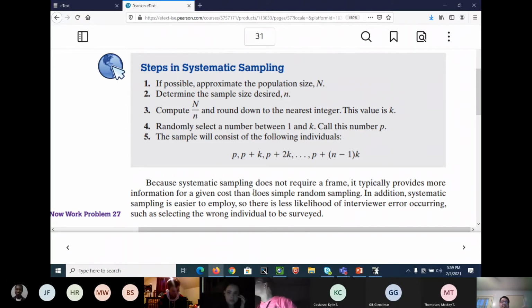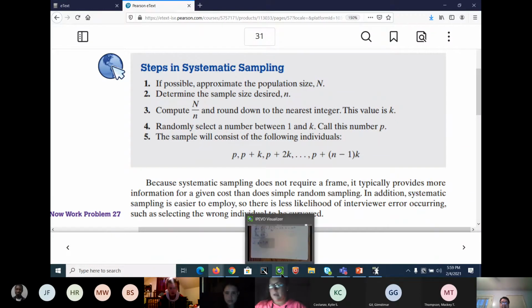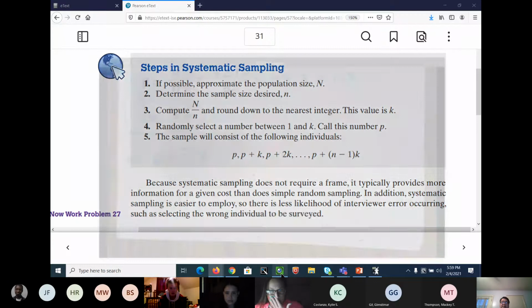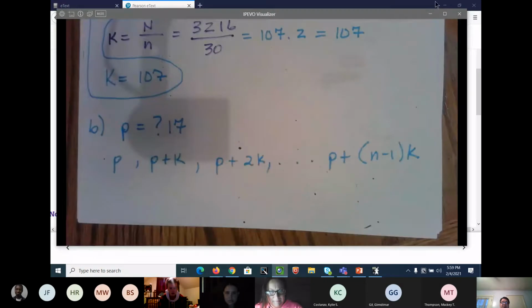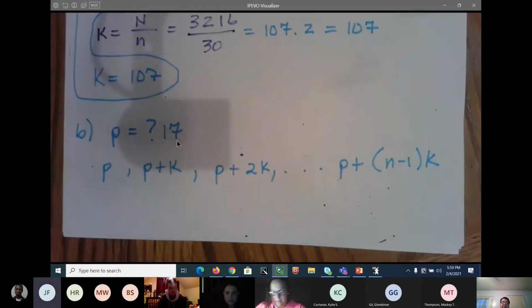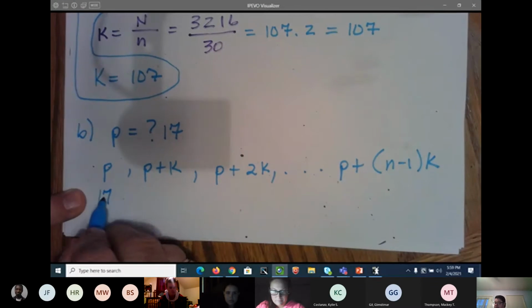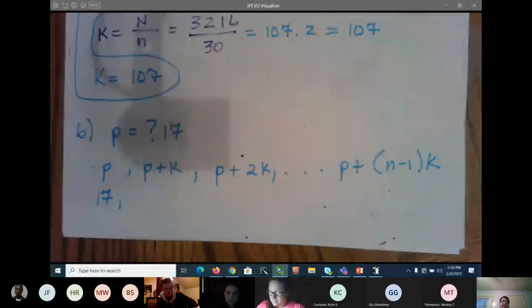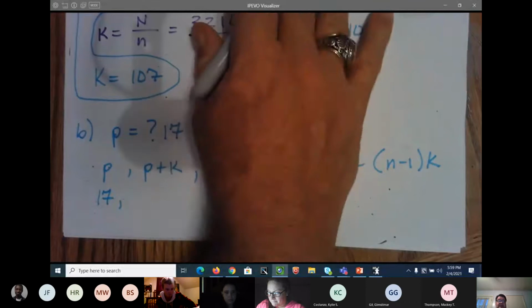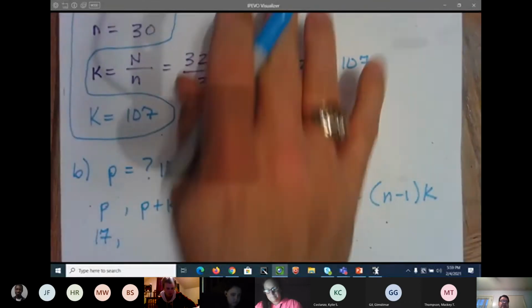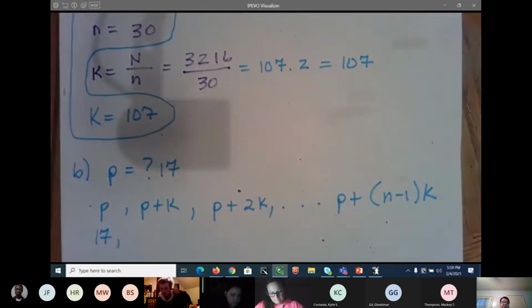All right. So somebody tell me what P is in this problem. It's the population. P is what? 17. So I'm going to put 17 right here. And somebody take your calculator and tell me what 17 plus 107 is. 124.